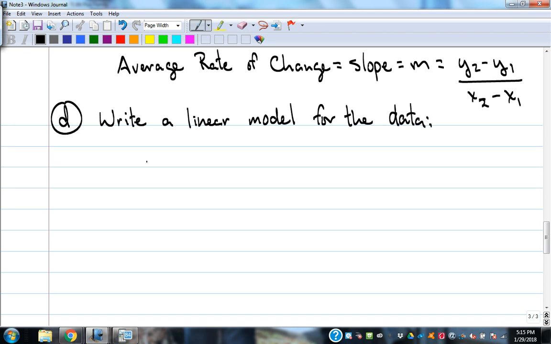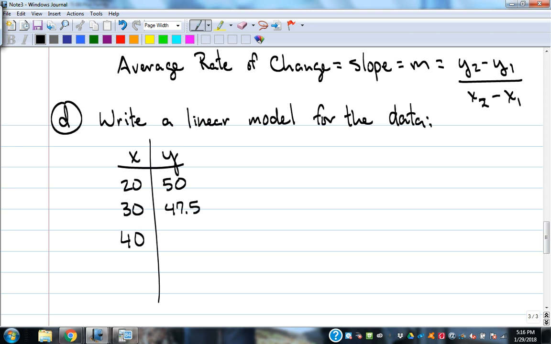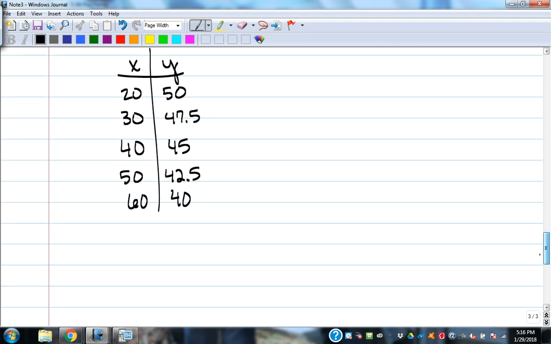It's going to be at x and y. We use ordered pairs (20, 50), (30, 47.5), (40, 45), (50, 42.5), (60, 40), and we'll go one more, (70, 37.5).